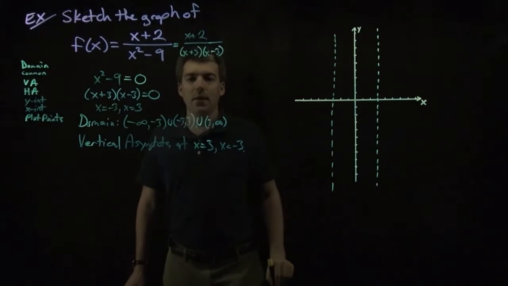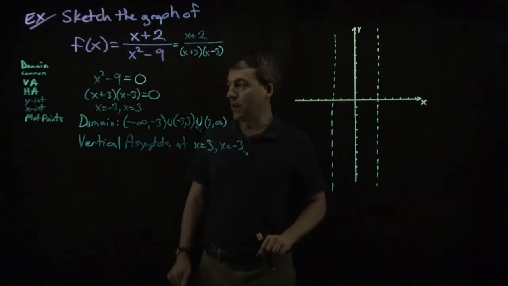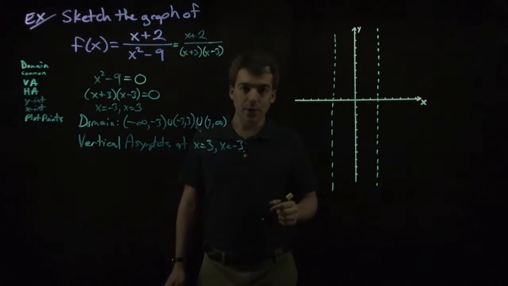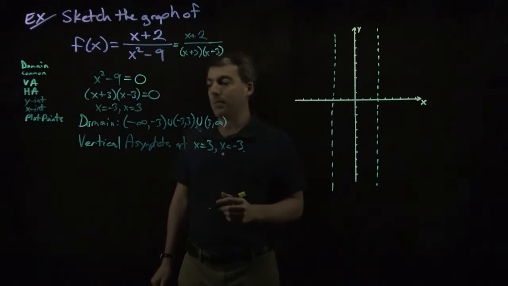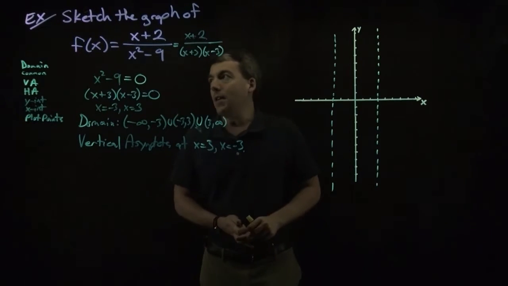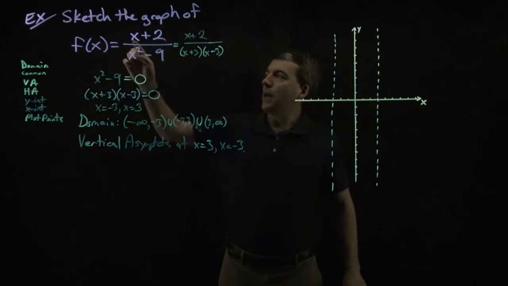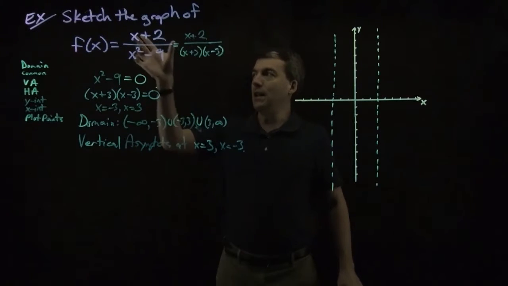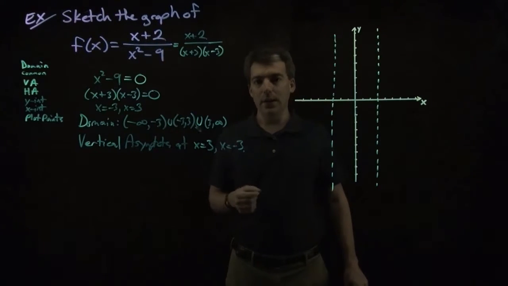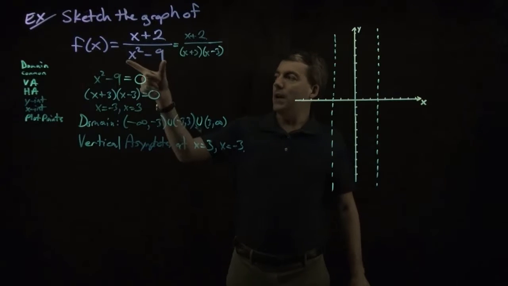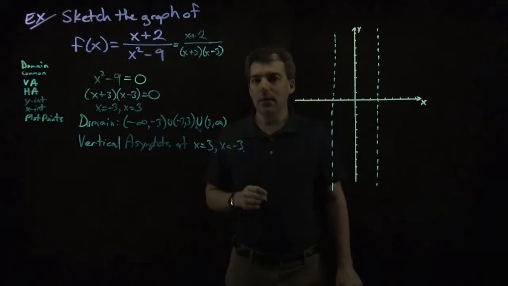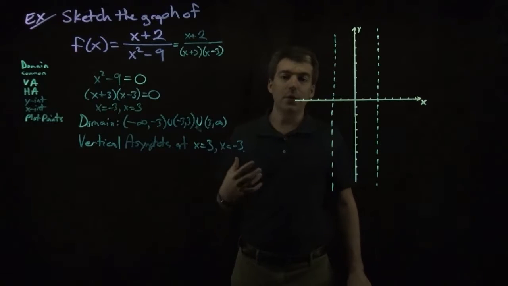All right. The next thing to look at is horizontal asymptotes. That depends on the degree of the numerator and denominator. So we have the numerator, x plus 2. That's a linear polynomial, of degree 1. The denominator is x squared minus 9, which is a quadratic, degree 2.